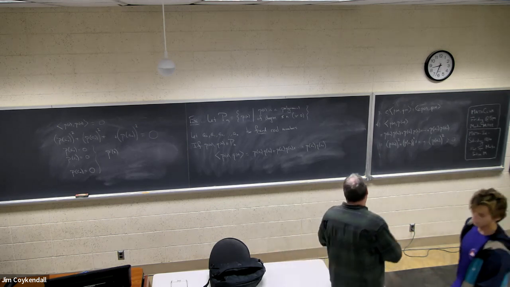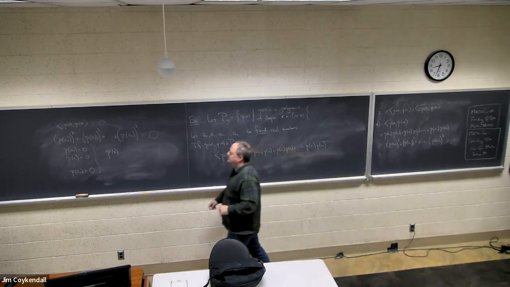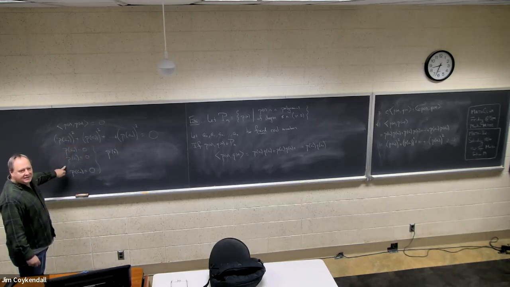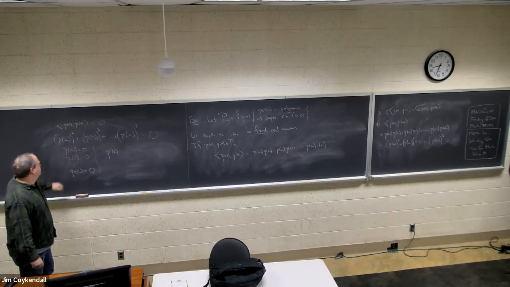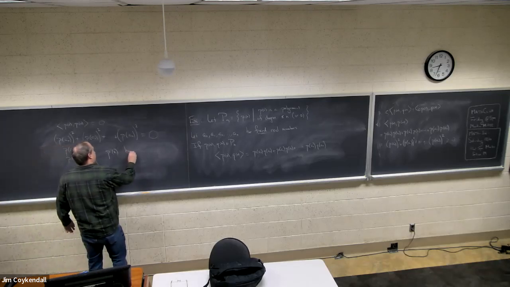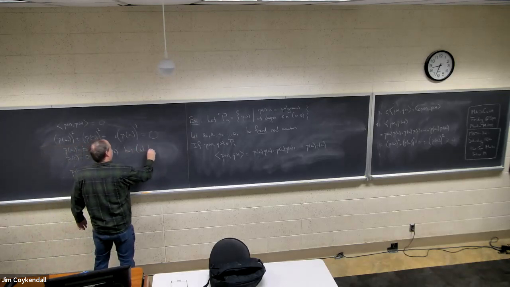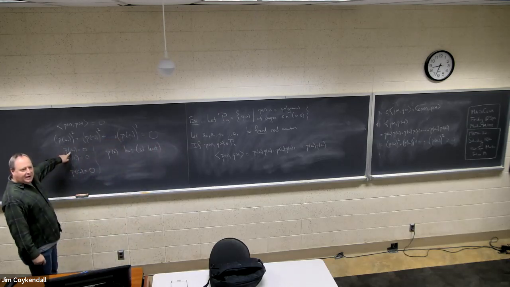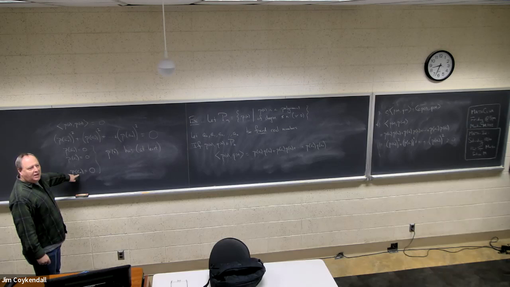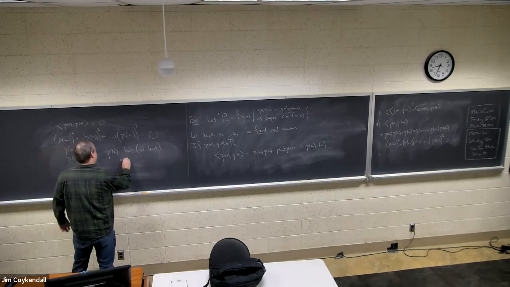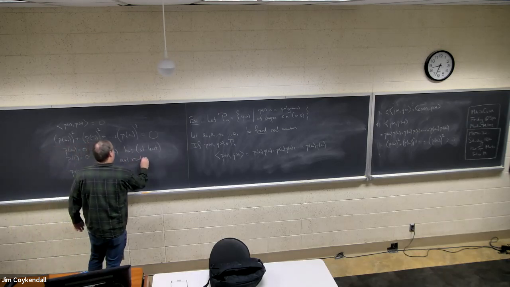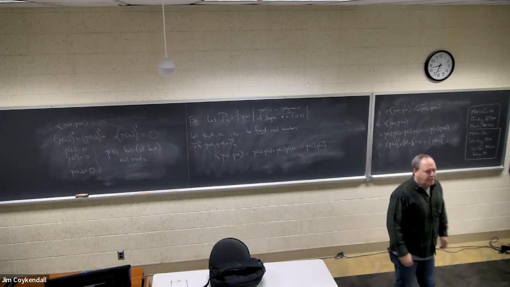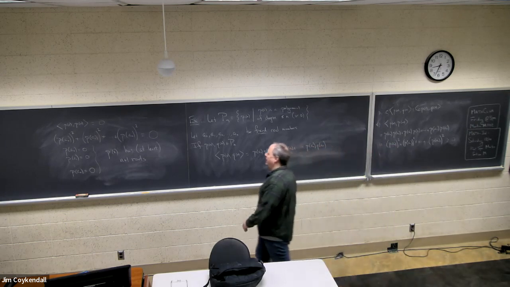Agreed? How many roots does P have? Notice you start counting at 0. There's n plus 1. Everybody agree with that? But P of X is degree n or less.